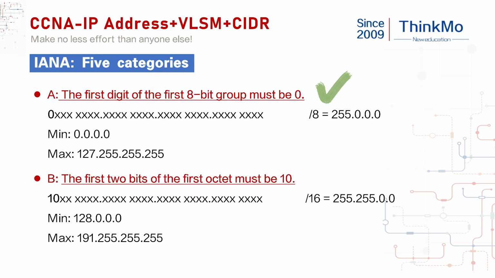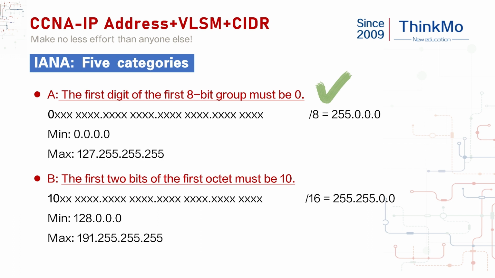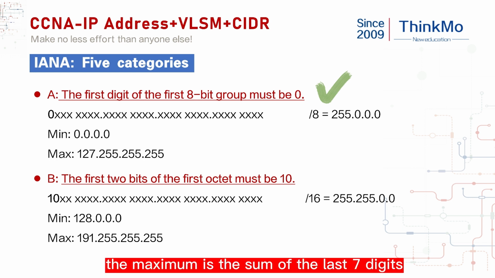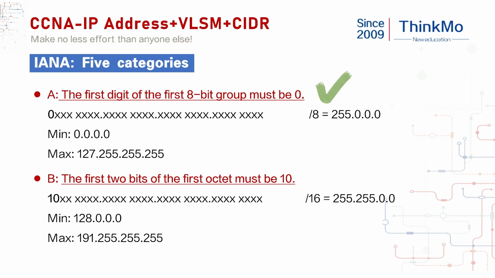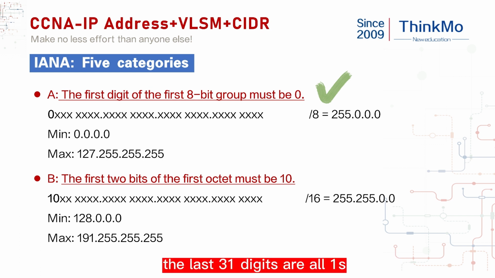So what is the maximum? Okay. The maximum starts from 127. Everybody can count. Since all the other bits are now 1, it is 255. The first bit represents 128, so the first octet's maximum is the sum of the last 7 bits, 127. There is no restriction on the remaining bits. The last 31 bits are all 1s.